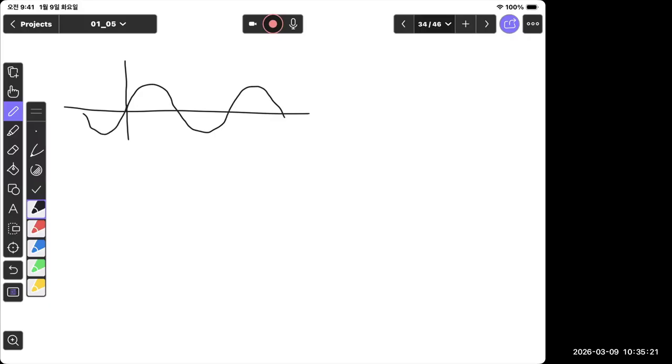Just an hour ago, I mentioned that when I consider some horizontal line, and if any horizontal line intersects the graph of the function at more than one point, then the function is not a one-to-one function. So the graph of the sine function fails the horizontal line test.